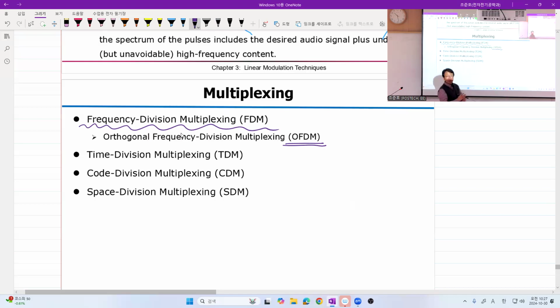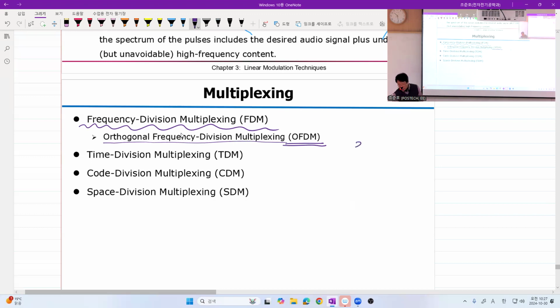It is because some people do not define FDM as no overlap allowed. Some people say that, okay, it may overlap. So here, orthogonal frequency division multiplexing means that actually they overlap.